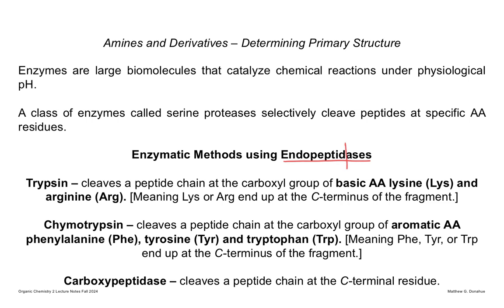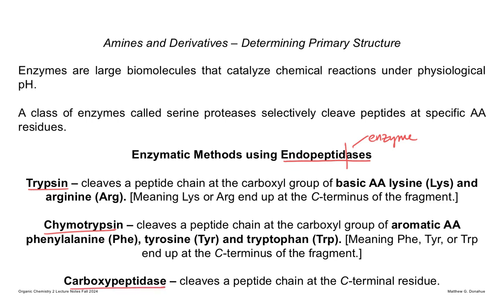In terms of the nomenclature, things that end in ASE are typically enzymes. And the word of the enzyme usually gives you an indication of what it does. The 3 in this class are trypsin, chymotrypsin, and carboxypeptidase.